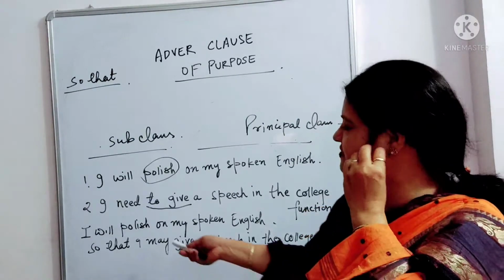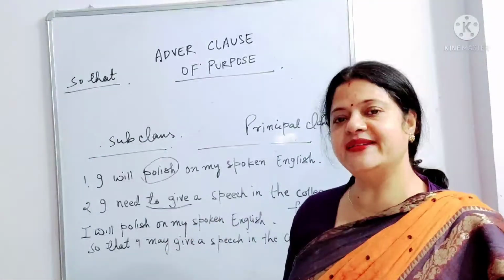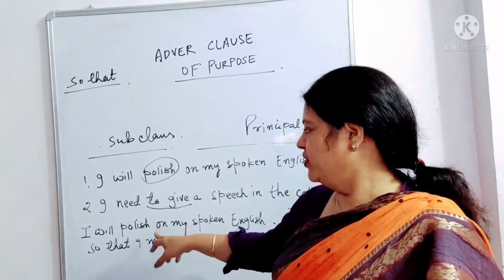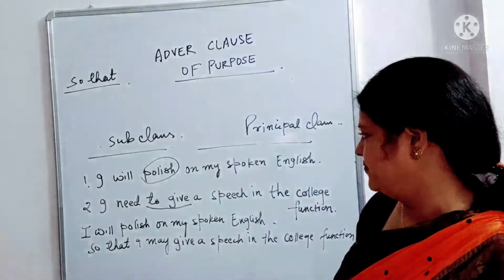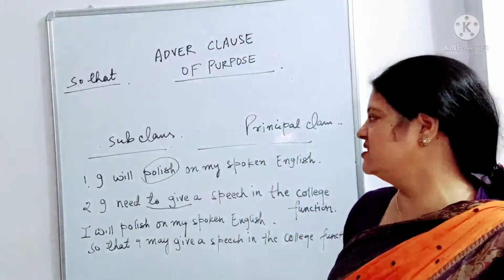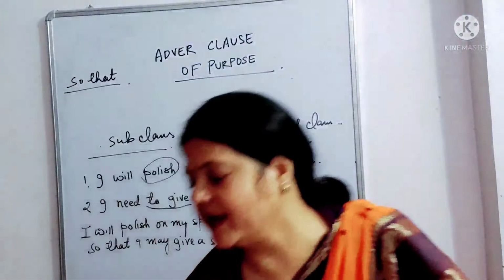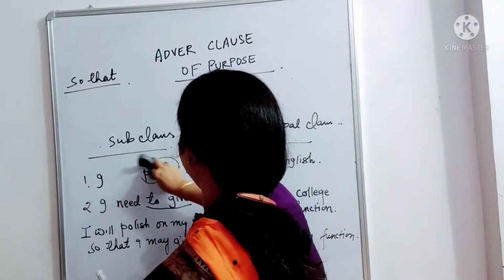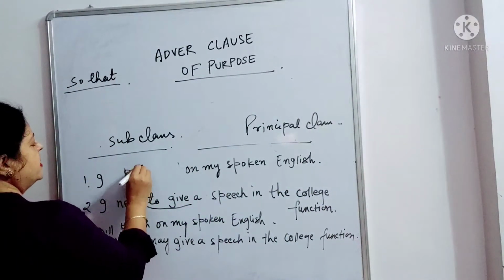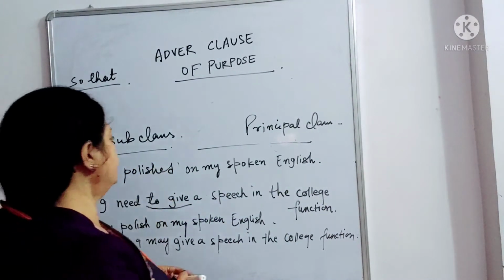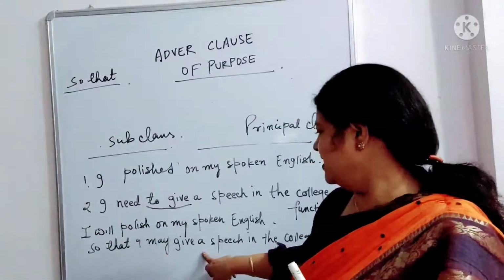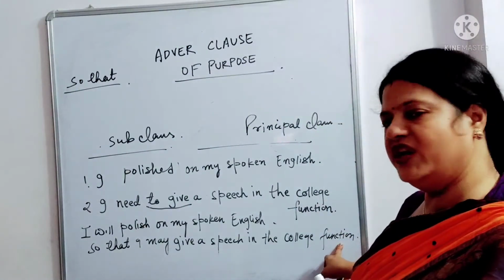Remember one thing: since the principal clause is in the future tense, I have added may. If it had been in the past tense, like I polished on my spoken English, P-O-L-I-S-H-E-D, then I polished on my spoken English so that I might give a speech in the college function.